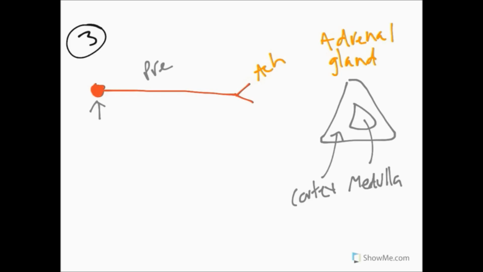And our pre-ganglionic neuron is going to the adrenal medulla, so it's going to go into the gland itself, all the way into the adrenal medulla, where it's going to connect with a certain type of cell inside the adrenal medulla called a chromaffin cell.